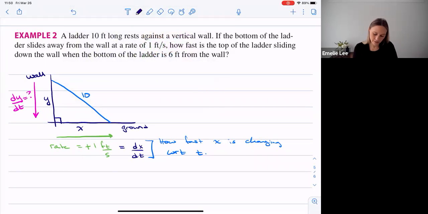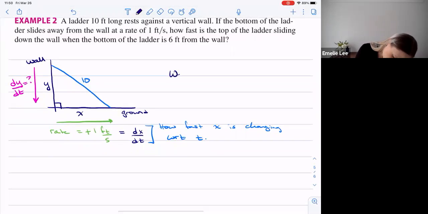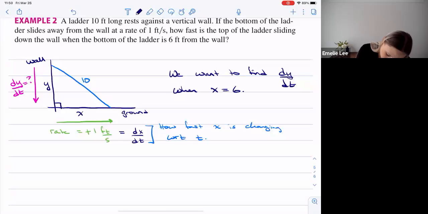Okay. So we want to find dy/dt when x is 6. Right? And of course, dx/dt is still 1, positive 1. So whenever we can, we like using right triangles, right?